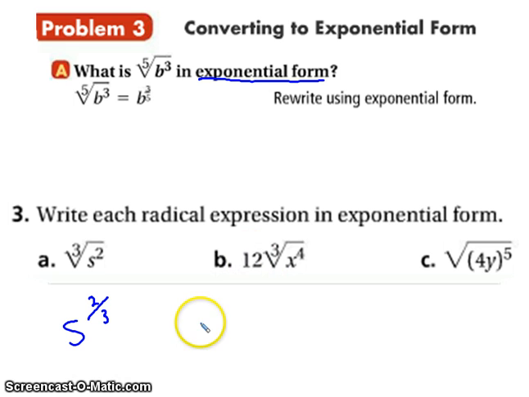Okay, remember, if a number is all by itself, we put it there, then we put an X. This is going to go underneath, and this is going to go on top. Okay, and then I'll let you take care of that one. When there is no radicals, when there is no index, as it says in the beginning, it's a 2. So you might have to simplify that. You can give it a try and let me know if you need the answer.